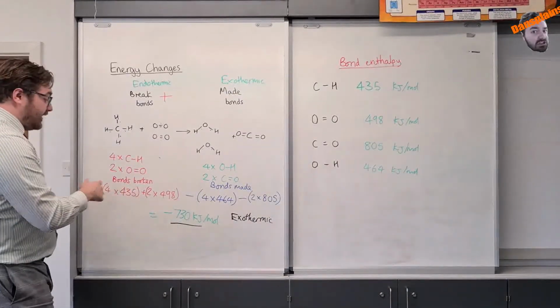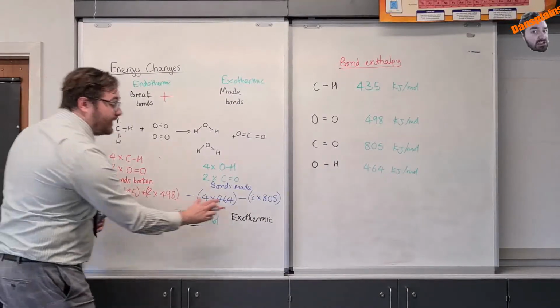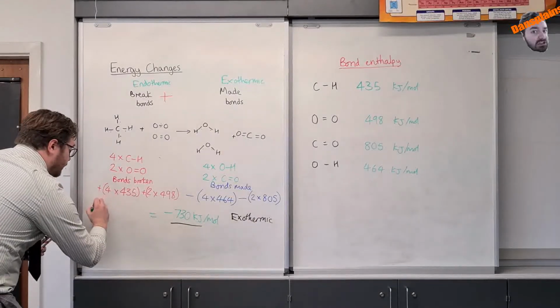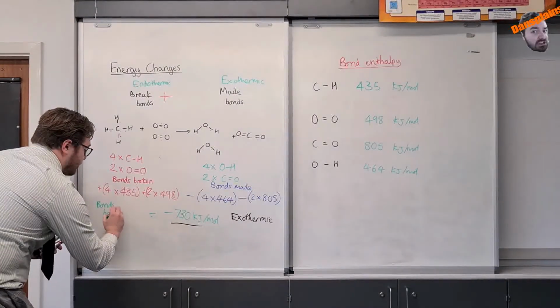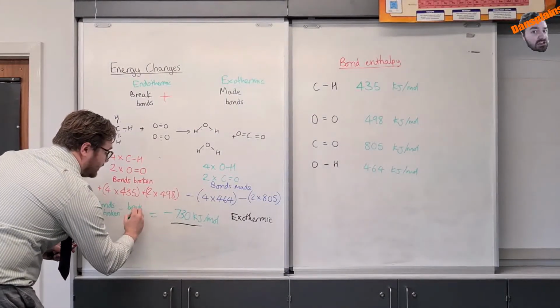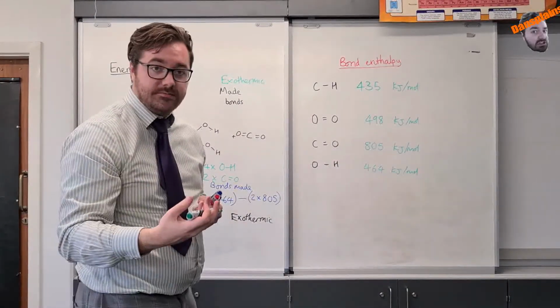In fact, it's sometimes also worth writing down the actual values of each of these and then doing bonds broken minus bonds made, because everything in this gives you extra marks.